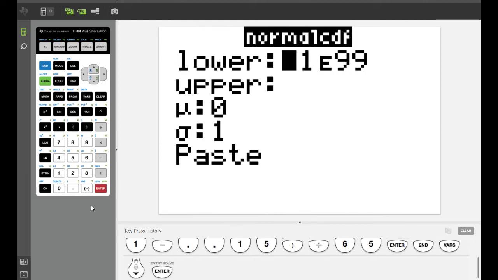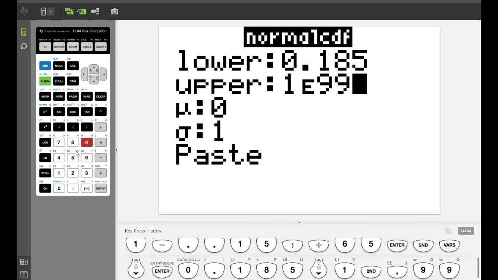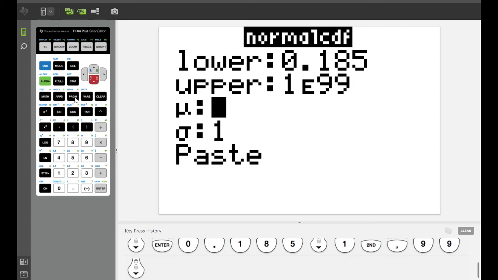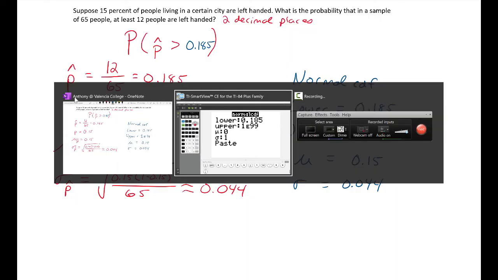Normal CDF. Lower bound was 0.185. Upper bound was 1e99. The mean, what was our mean? Our mean was 0.15.